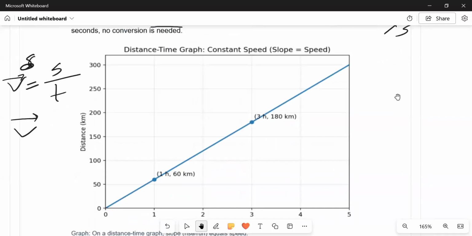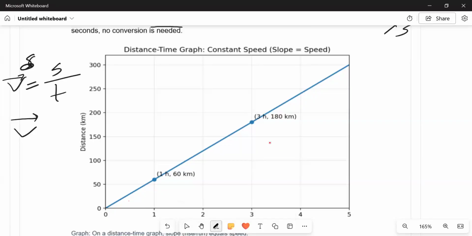Okay, now we are going to get into graphs. So for that, I'm going to talk about what a slope is, what it means. I'm going to get into details, but let us look into this graph and try to figure out what it is saying.